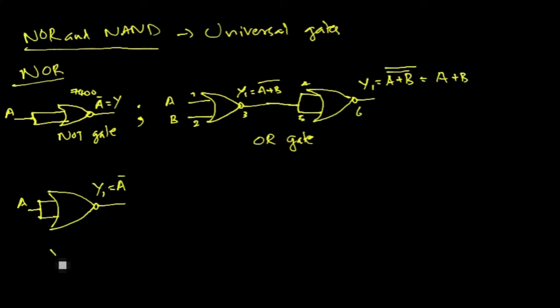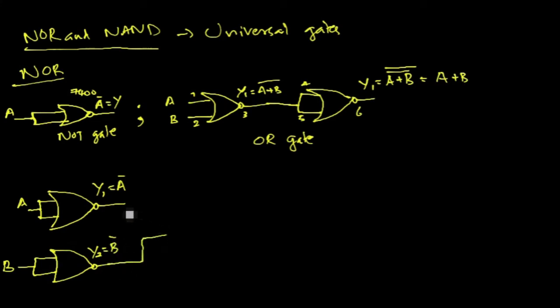Now consider another NOR gate whose inputs are also shorted and the second input B is given. Then the output of this second gate, Y2, is B complement.